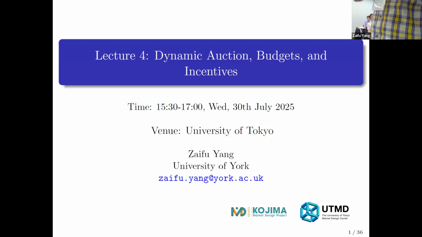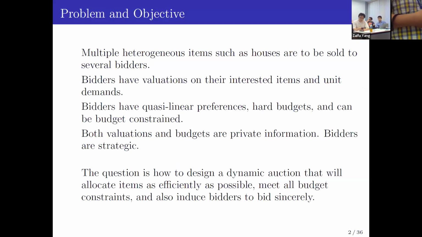However, they have hard budgets, and they cannot pay anything above the budget. So it is possible that the budget might not be enough to buy the things they want to buy. And this is quite a practical case.